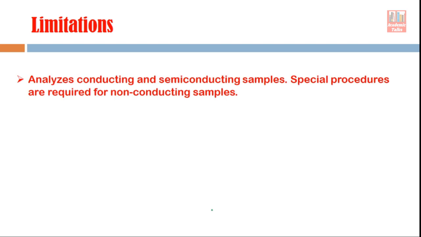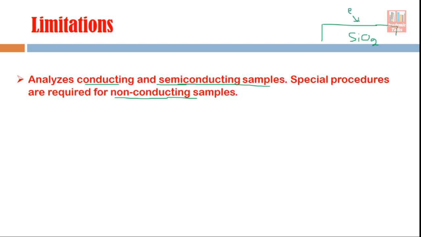If you talk about the limitations, this technique can analyze conducting and semiconducting surfaces, and special procedures are required for non-conducting samples. So if it is a conducting or semiconducting sample, there is no problem, but if it is a non-conducting sample we have to make special arrangements. Why? Because if it is a non-conducting surface, for example a SiO2 surface, and we fire an electron beam on this SiO2 surface, what will happen?